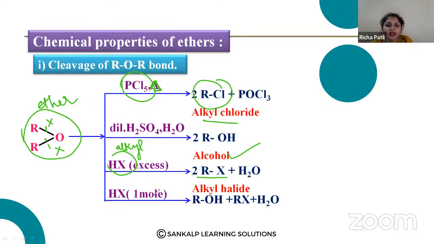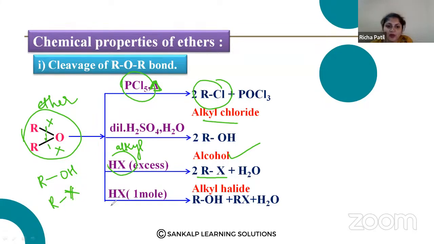Then if you take only 1 mole, what will happen to this bond? One bond will be broken, and 1 mole of hydrogen halide will be added, and it forms alkyl halide.